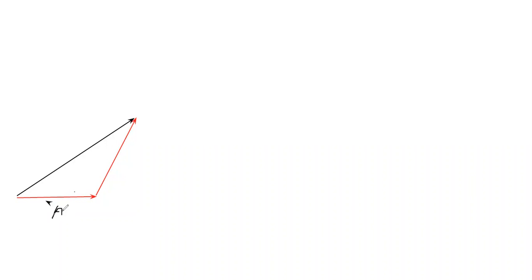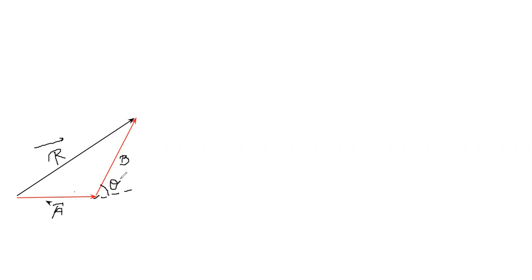This is the resultant capital R. To calculate, first we show the angle between these two vectors. This is the angle theta.